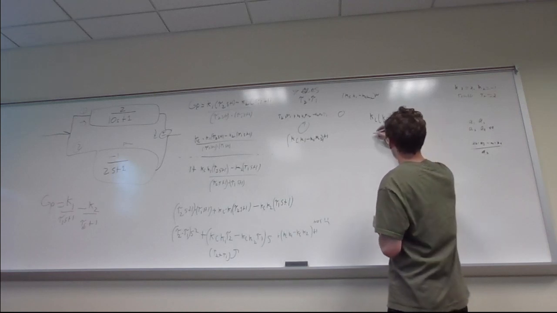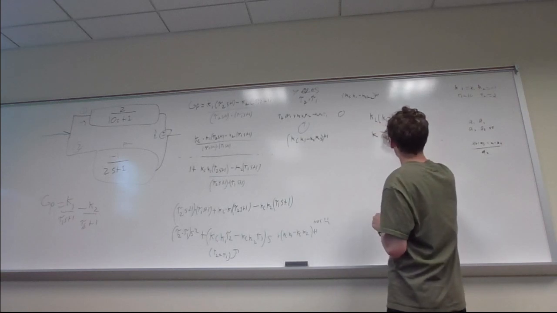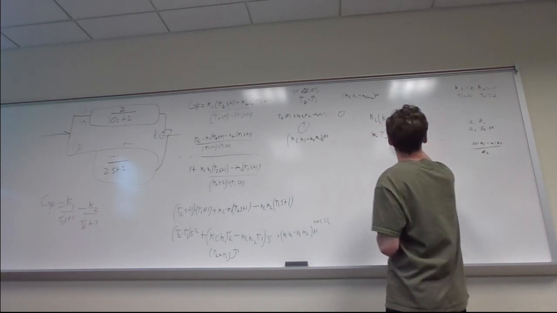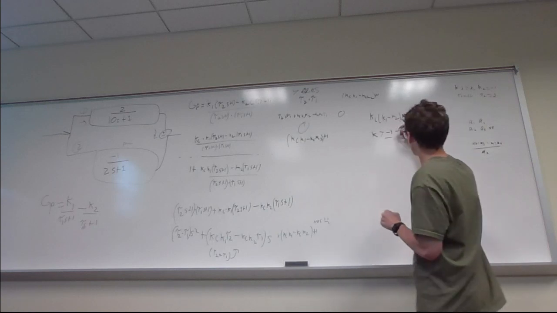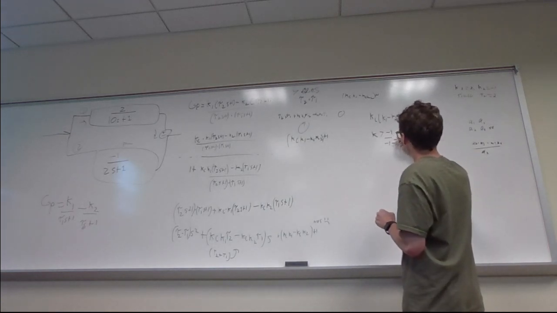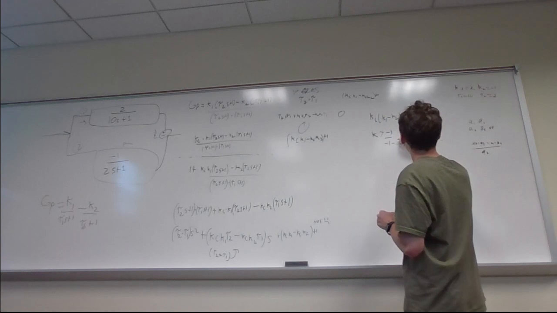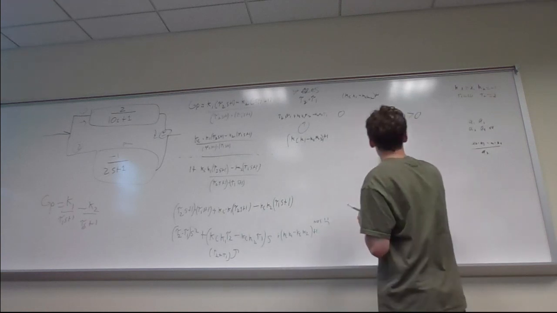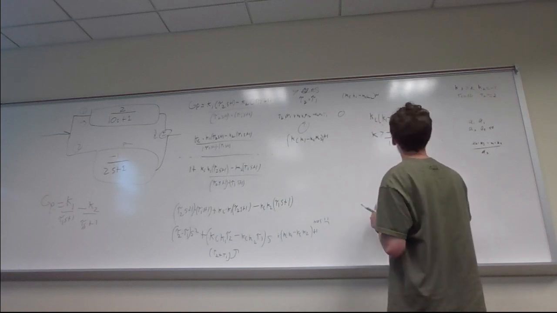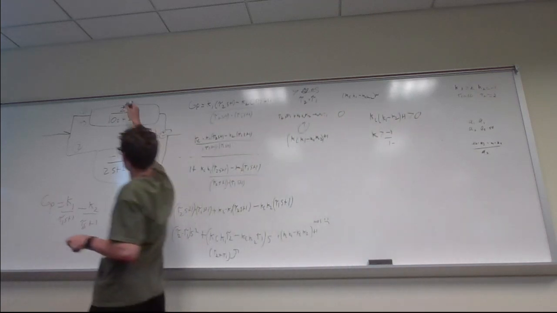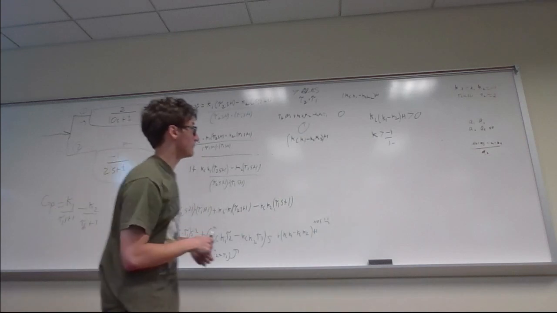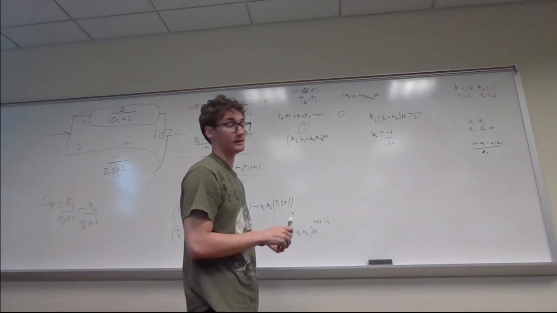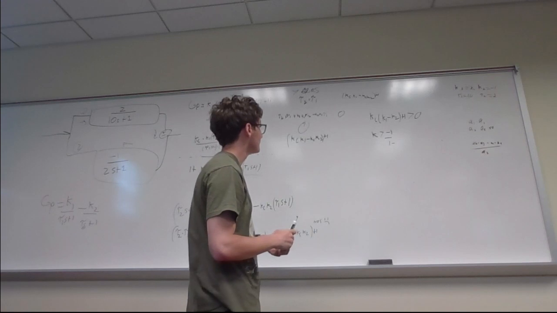Subtract and then divide, so we're going to have KC less than negative 1 divided by K1 minus K2. K1 is 1, K2 is negative 1. And I think I did my math wrong.